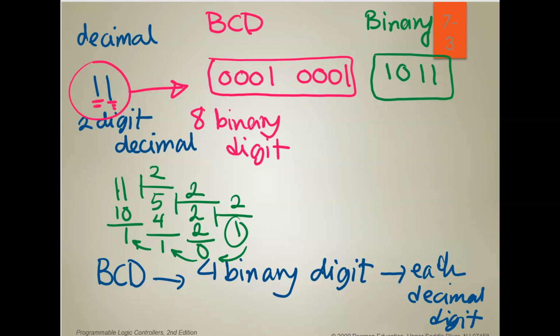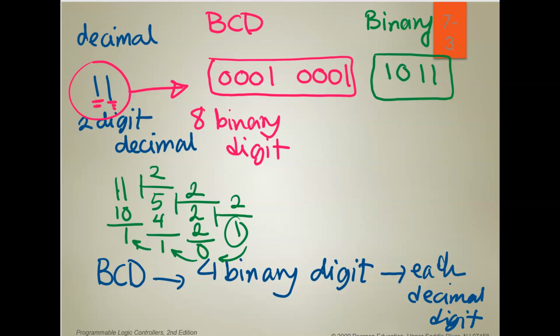So it is very important to understand the difference between binary and binary coded decimal. The binary coded decimal is very easy to convert into decimal, or from decimal to binary coded decimal, because you focus on each digit separately and you describe each single digit by 4 binary bit, and the conversion from binary coded decimal to decimal is also similar. So what you have to do is partition them into 4 bits, and then convert them back to decimal equivalent.